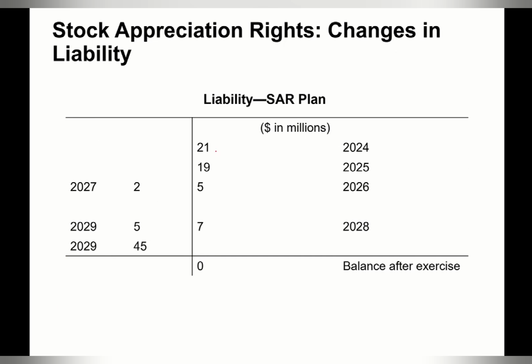In 24 it increased 21, 25 is increased by 19, 26 increased by 5, and 27 reduced by 2. 28 increased by 7, and 29 reduced by 5. And 29 is exercised, so debit 45 and get a zero balance after that.